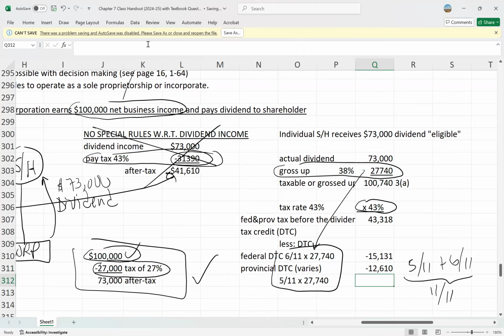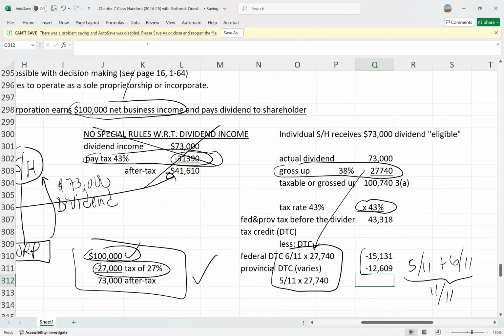Did I round it properly? Let me see. 5 divided by 11. Oh, this should be 12,609. Sorry, 12,609. So that equals a total of 27,740.